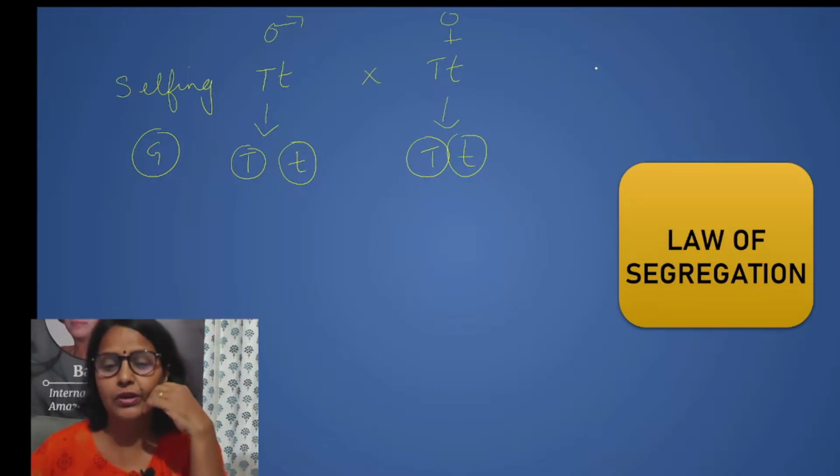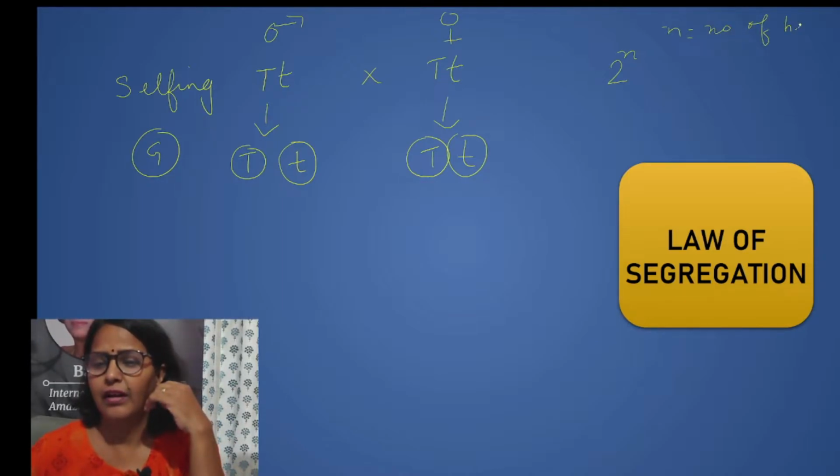What is that rule? This states that 2 to the power n, where n is equal to the number of heterozygous genes.